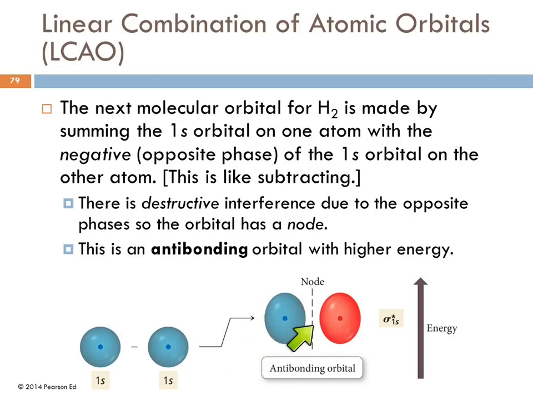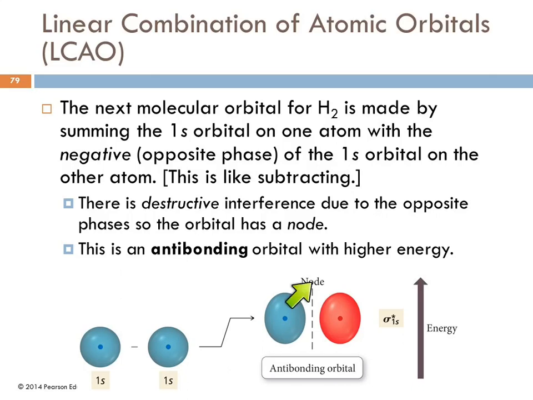But this has a node in the middle, and one side has a positive phase, and one side has a negative phase. This molecular orbital is higher in energy than the atomic orbitals it started with. So the first orbital was constructive interference of the two orbitals, and this is like destructive interference because of the opposite phases.